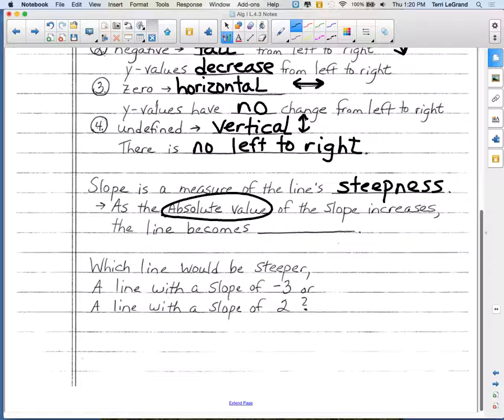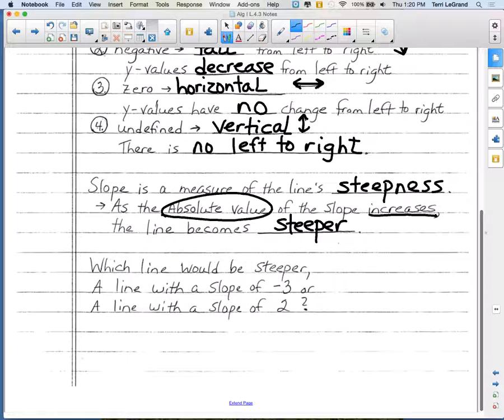The distance away from zero. So you identify what the slope is and you say, how far away is that from zero? Because as the absolute value increases, the line becomes steeper. So the larger the absolute value, the steeper the line.